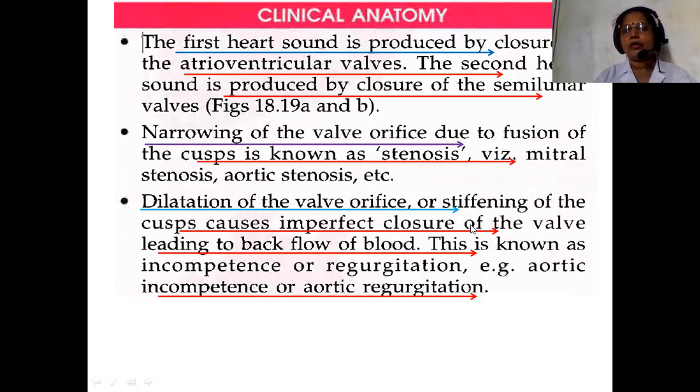Due to this imperfect closure of the valve, it leads to backflow of the blood, and that condition is called incompetency or regurgitation. For example, whenever this condition occurs in the aortic valve or orifice, it is called aortic incompetency or aortic regurgitation.